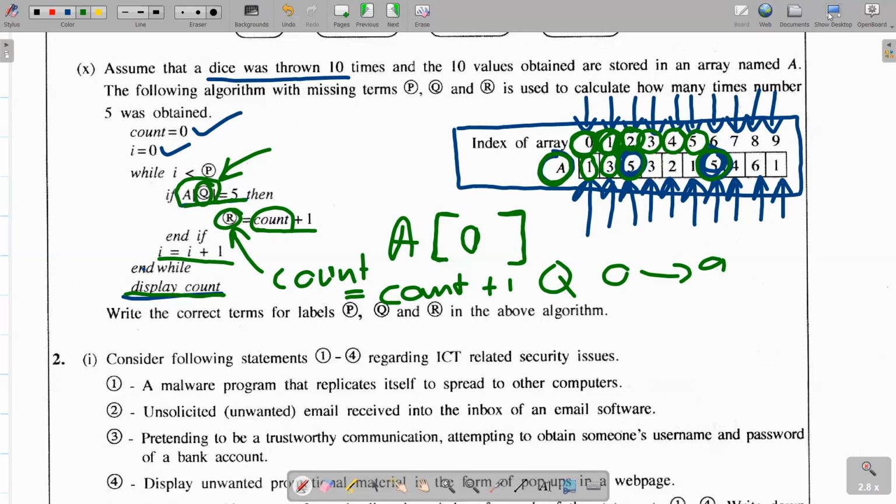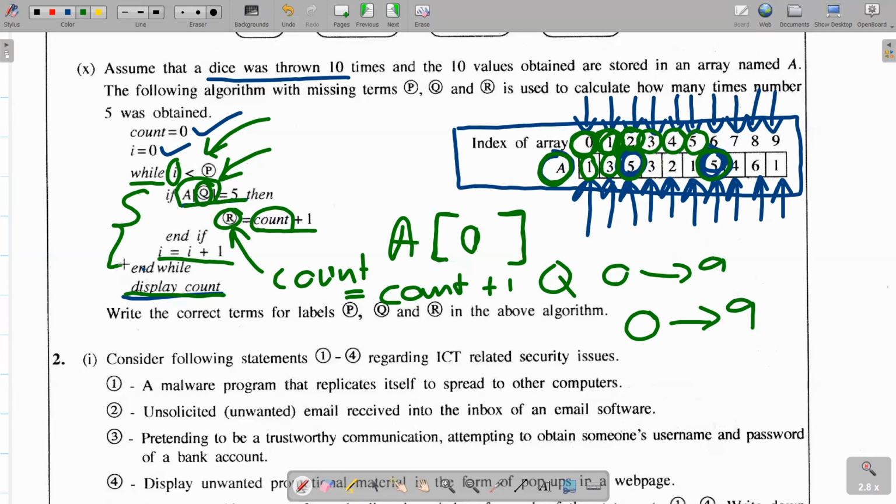Right? Then the P, the questions with the P. P is the one which controls the while, and we know that I is increasing from 0 to 9. Until then, the iteration must happen. It should not end.